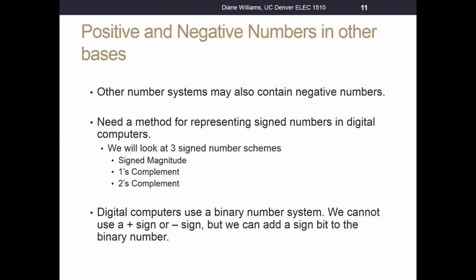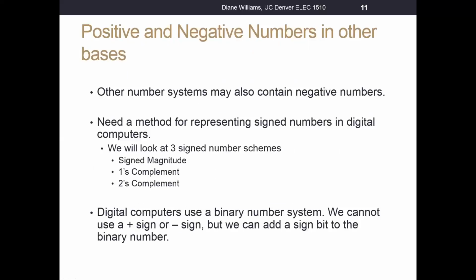Now, to do that in other bases, we don't have a plus or a minus sign. Especially in binary, all we have, remember, are zeros and ones. So we're going to have to come up with a scheme to represent a negative number.